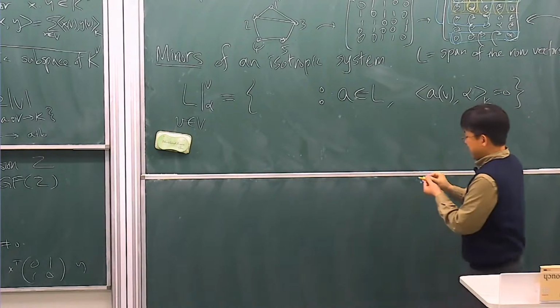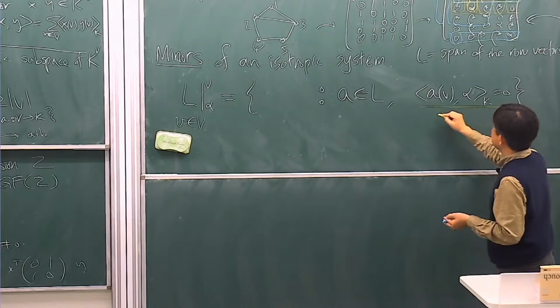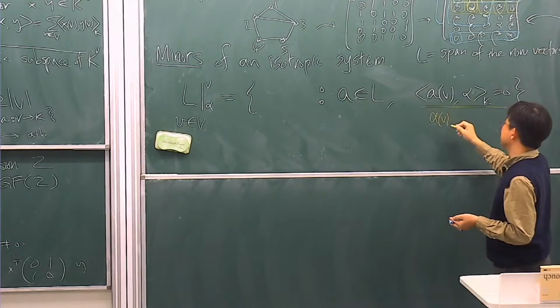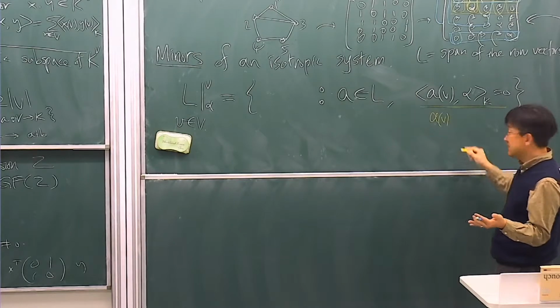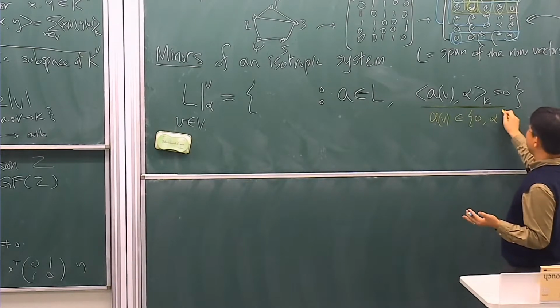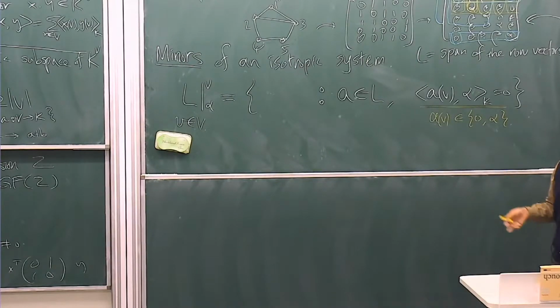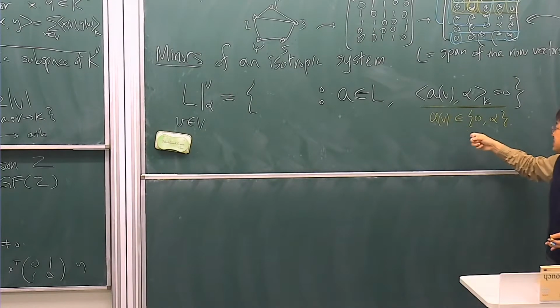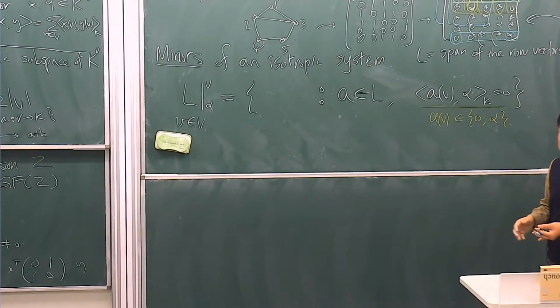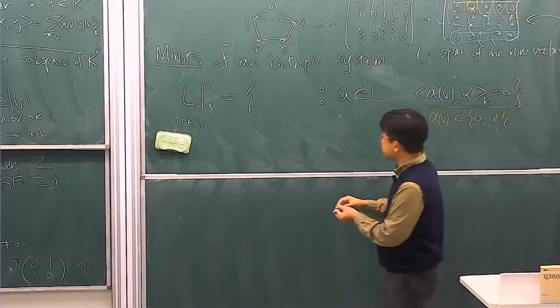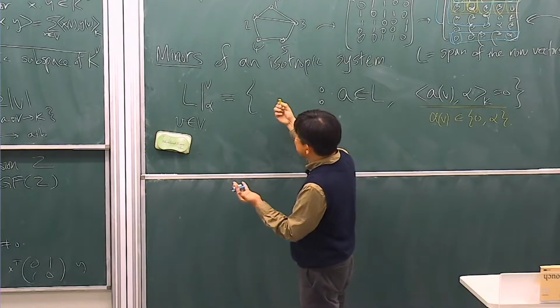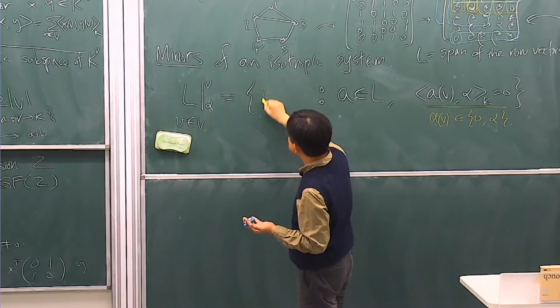In other words, the v coordinate of a is either 0 or alpha, right? So I'm selecting all the vectors whose v coordinate is 0 or alpha and ignoring the v coordinate. So take projections. I need some notation for projection.